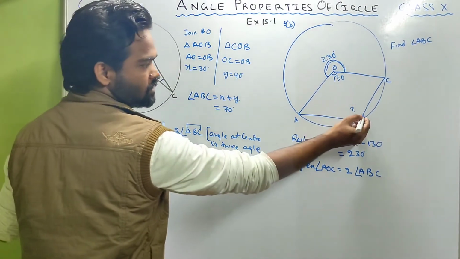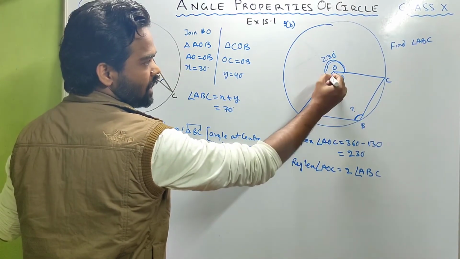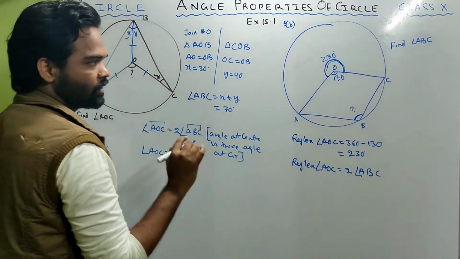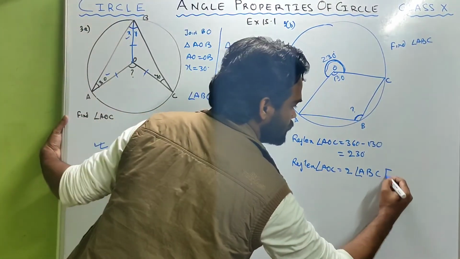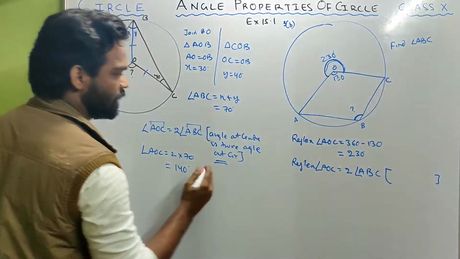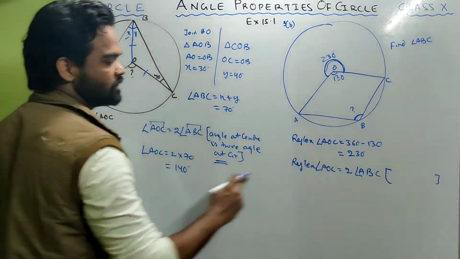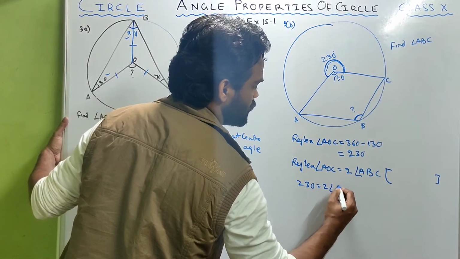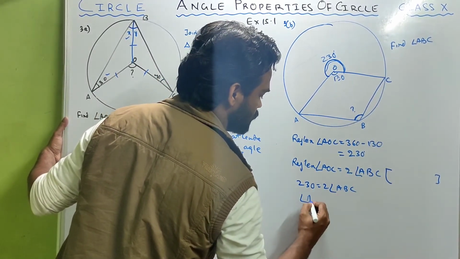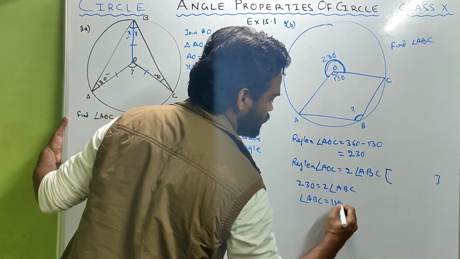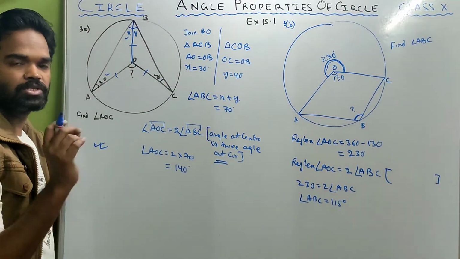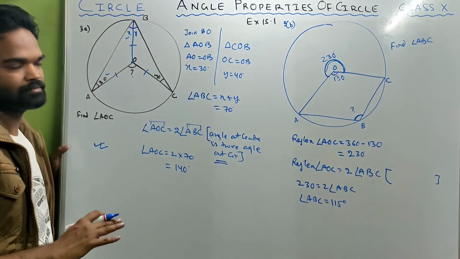No. The angle at the circumference is this, and the angle at the center is the reflex angle AOC. Reason will be the same. Angle at the center is twice the angle at circumference. So 230 equals twice angle ABC. So angle ABC equals 115 degree. Very easy. You just need to know the theorem properly.